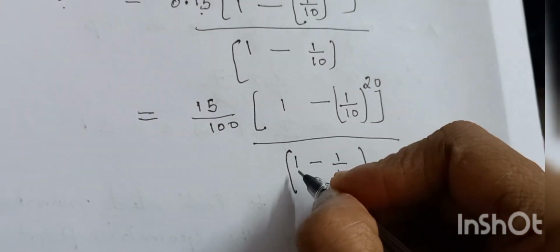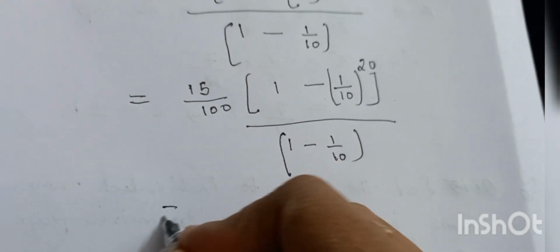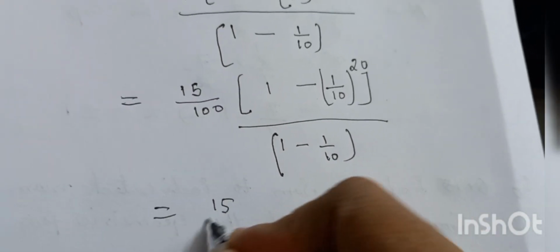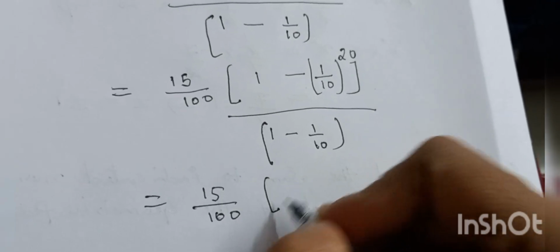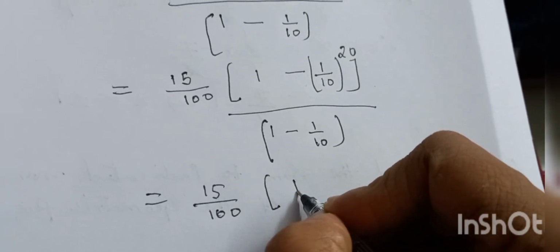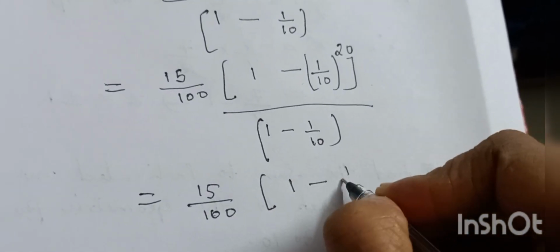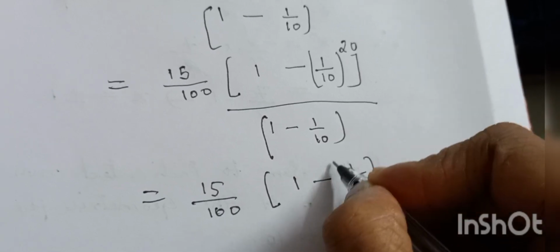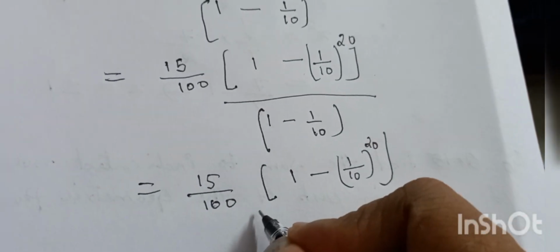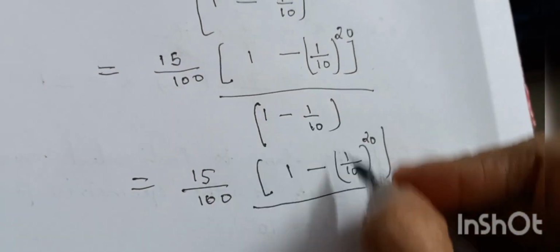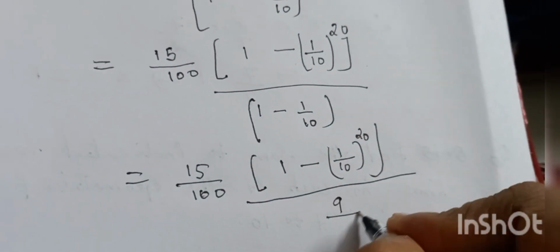So we get 15 by 100 into 1 minus 1 by 10 to the power 20 whole divided by 10 minus 1 is equal to 9 by 10.